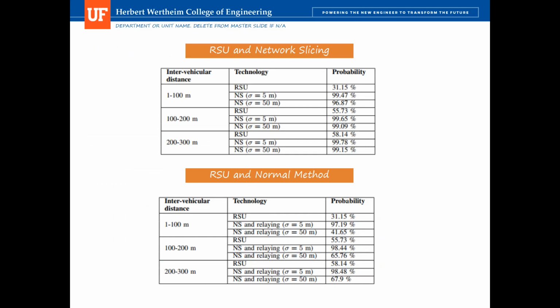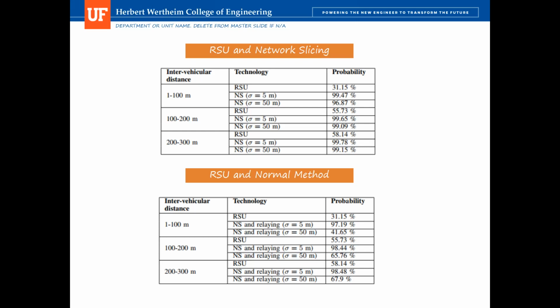And right here, these are the results after the simulation. We can compare them from the upper side with the bottom side. For the normal roadside units placement, actually we could say everything should be the same. But if we use network slicing, it's going to improve much better, at least 2%. And especially when we increase the communication range, to 200 to 300 meters, we could see the network slicing without the relaying is much better than the network slicing with the relaying.